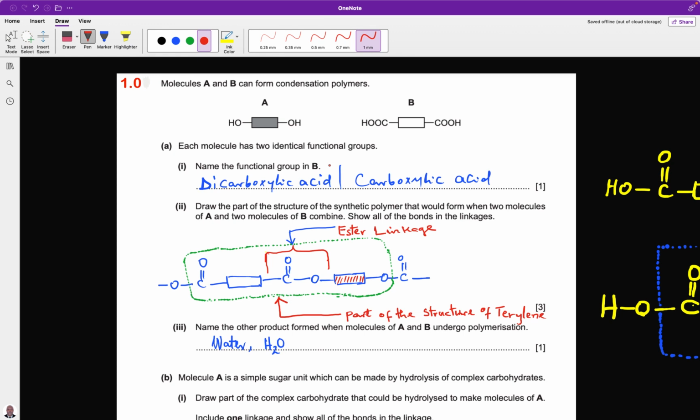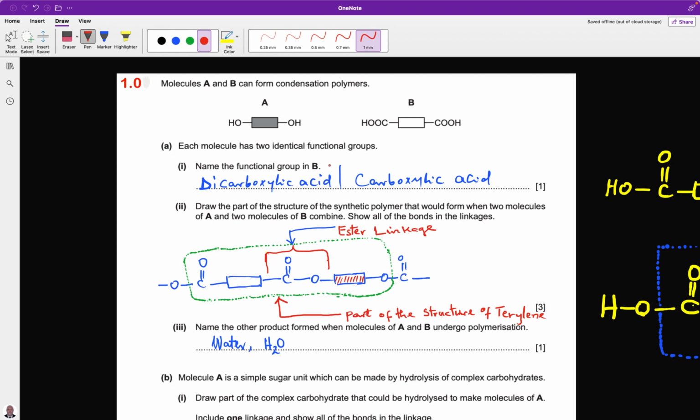Esterification is an example of a condensation reaction. Condensation polymers are formed from monomers with two functional groups. A simple molecule such as water is always eliminated in a condensation reaction.